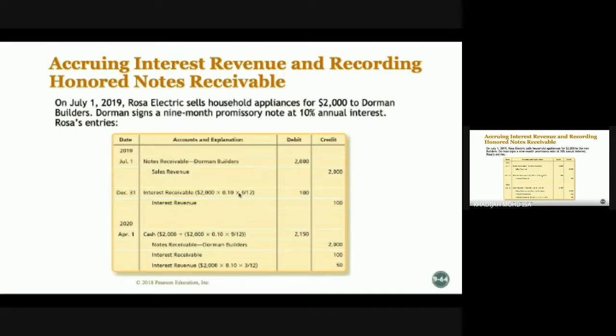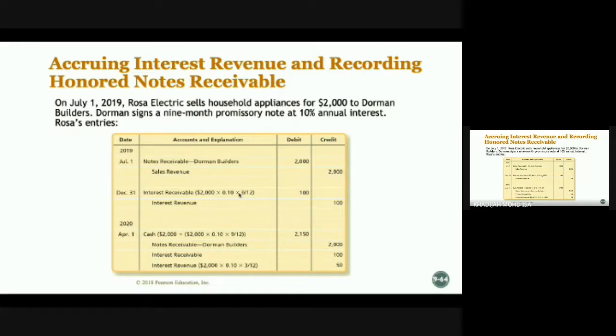When it comes to your payment, which is 9 months, on April 1st, you are going to receive the principal 2,000 plus the total interest. How much is the total interest? For 9 months, 2,000 times 0.1 times 9 over 12. So the interest portion is 150.